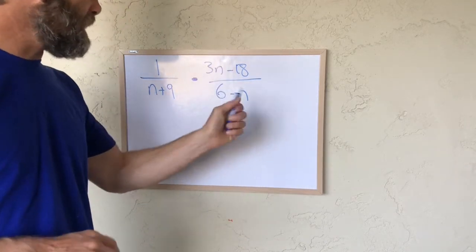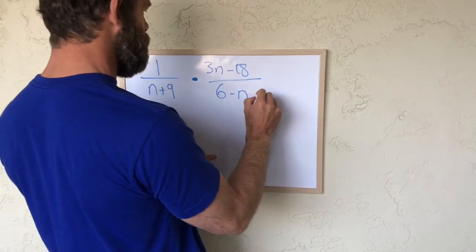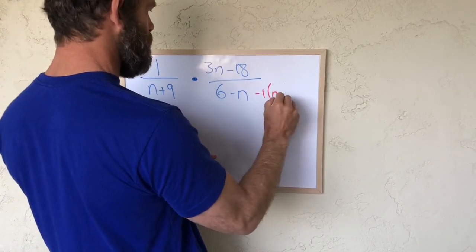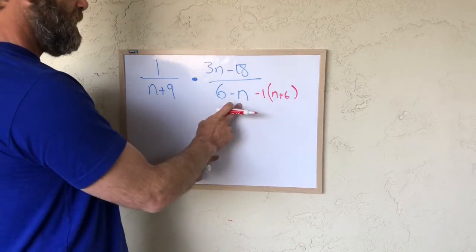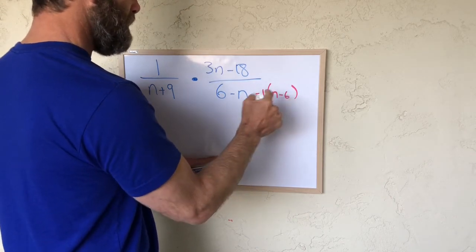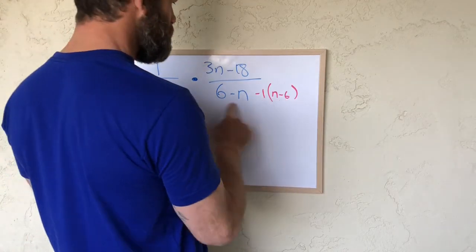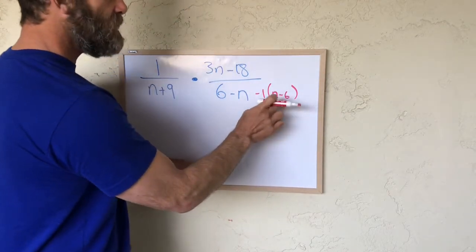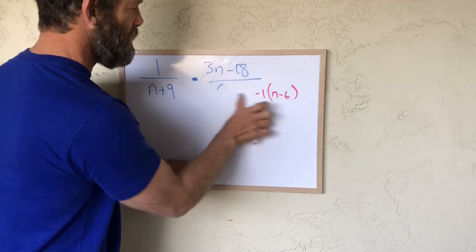Now see how you have 6 minus n? I'm going to change this right off the bat to negative 1 times n minus 6, because negative 1 times n is negative n and negative 1 times negative 6 is positive 6. I know this is more likely to come up in a factor than a negative variable first.